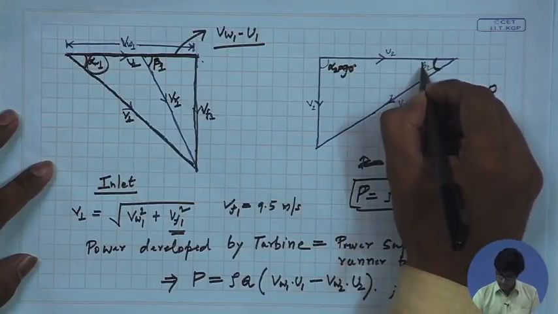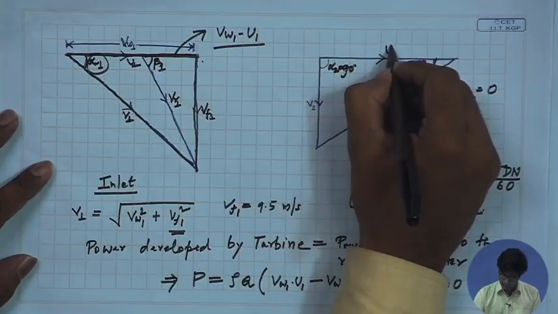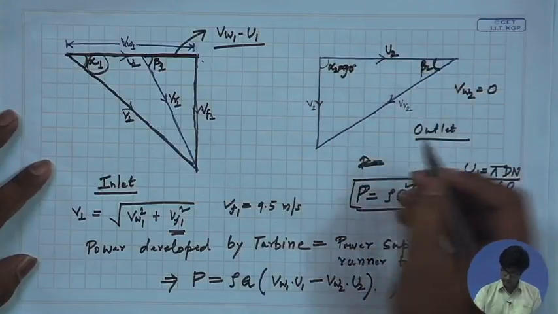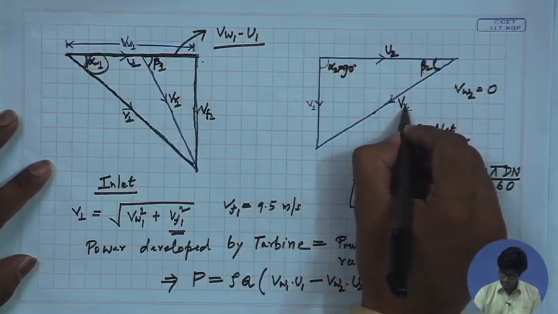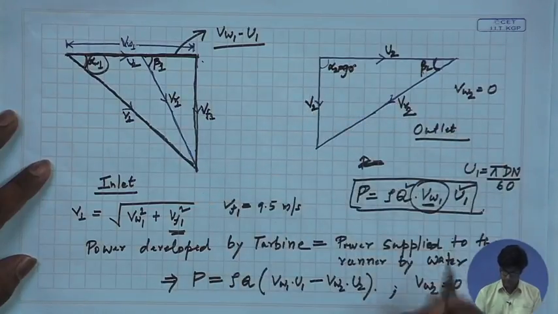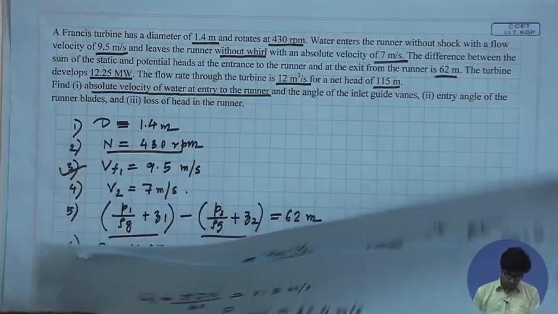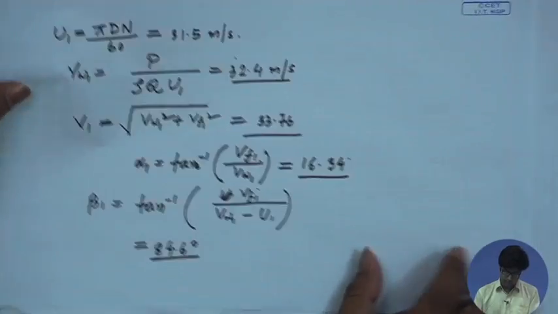This is the runner blade angle at the exit. This is the peripheral velocity of the runner at the exit. This is the relative velocity at the exit, and this is the absolute velocity of water at the exit. So, finally, what we are required to find out is the loss of head in the runner.